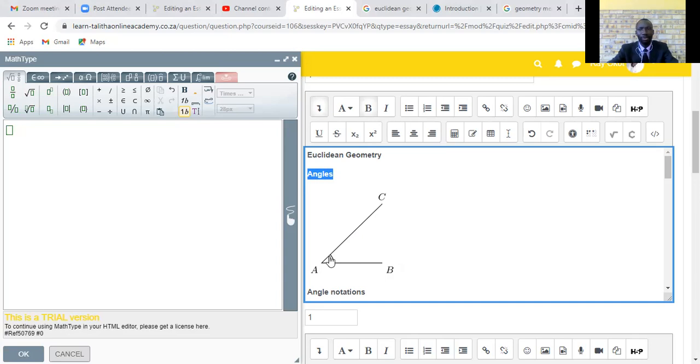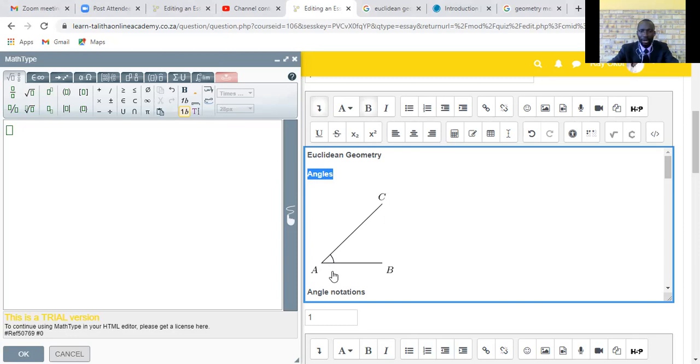An angle is mainly formed when two lines are meeting. That is when an angle is formed. And so we can say angle at point A, or simply angle A, is this. And there is also how we write angles.